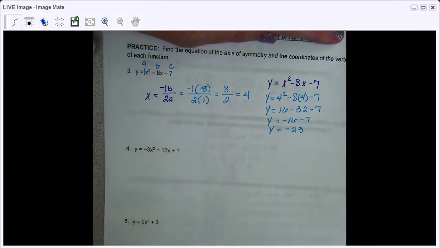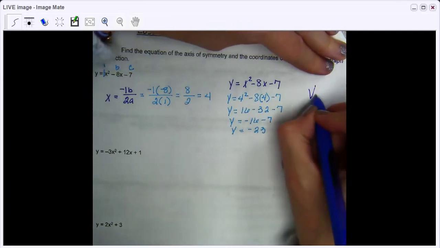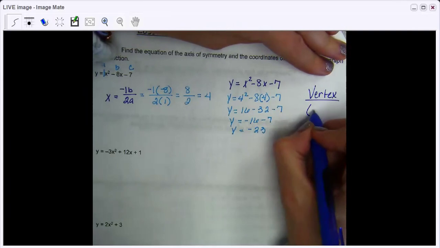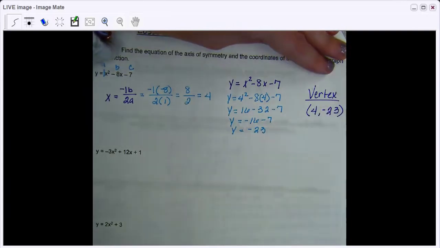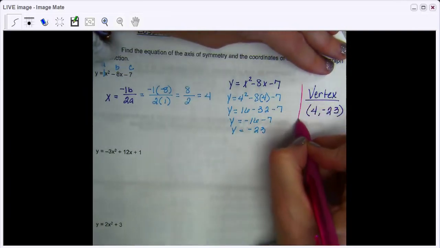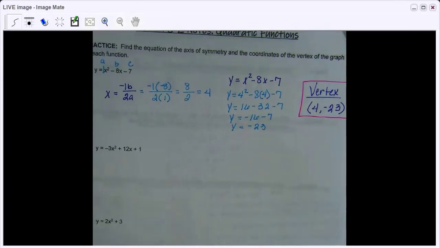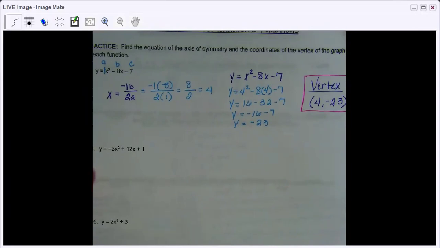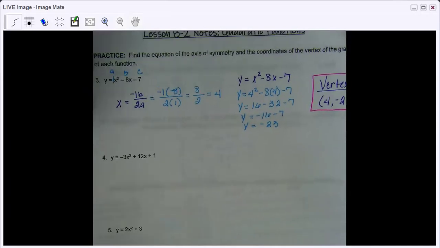Okay. So our vertex is 4, -23. Okay. So are there any questions on that? Okay, go ahead and do 4. And then we will come back and check that one.